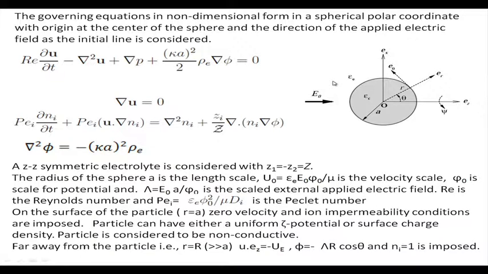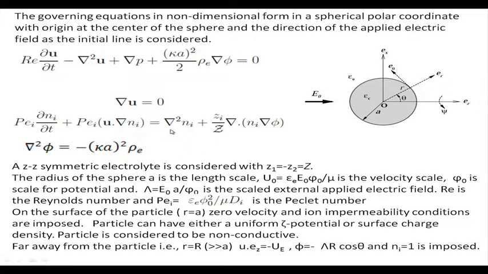Now, depending on the coordinate system, if it is a spherical particle, we can use a spherical coordinate system and we will have 3 components for the momentum equation, and then equations depending on the number of ions.